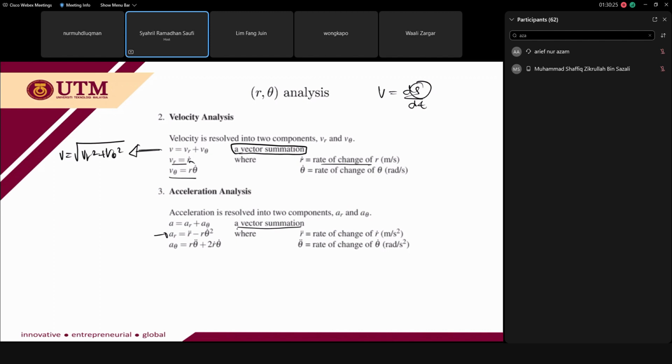Since R dot is the rate of change of R, that means velocity, and R double dot means acceleration. The same goes for theta: acceleration A theta is equal to R theta double dot plus 2 R dot theta dot, where theta dot is the rate of change of the angle. These are the equations that you need to remember for R theta analysis.